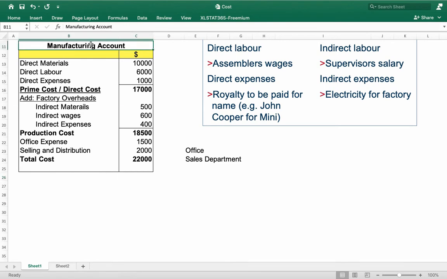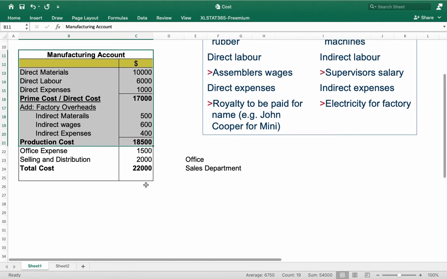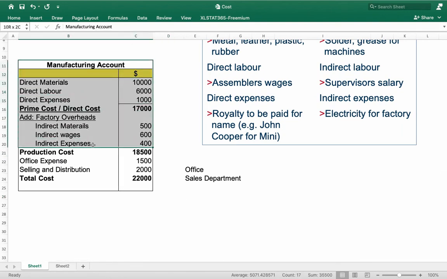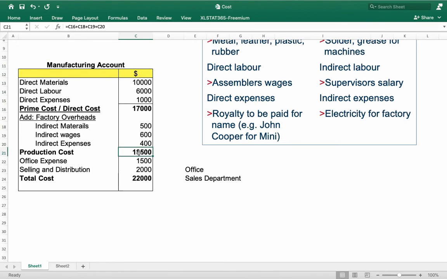So the purpose of the manufacturing account is just to find this production cost only. The whole purpose is to find the cost up to here, basically. Yeah, correct. Whatever goods you produced, what is the production cost?